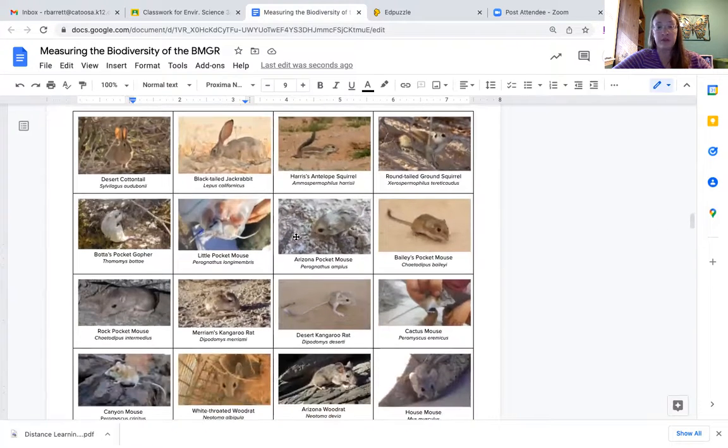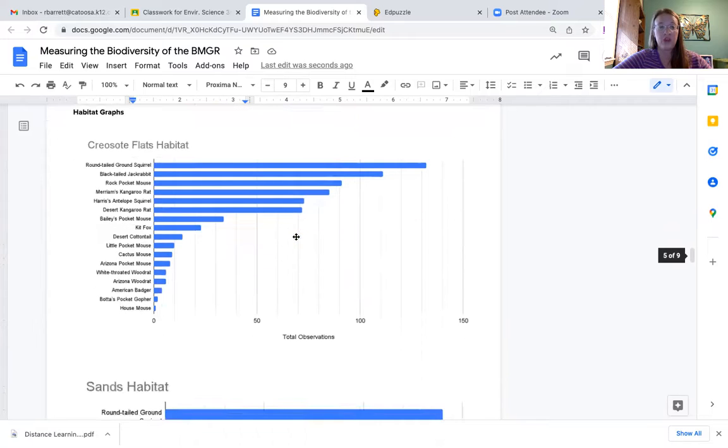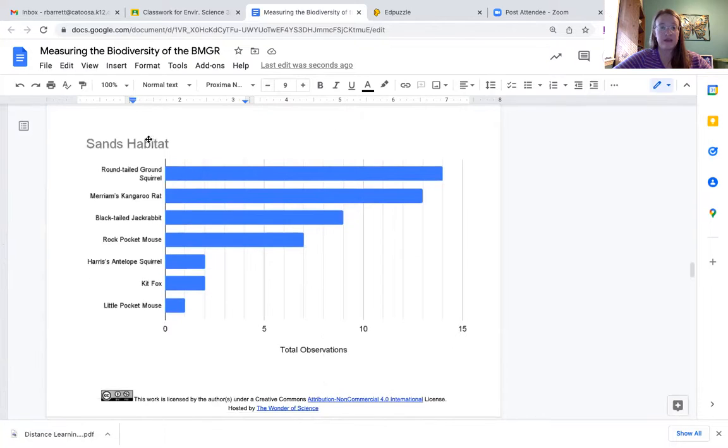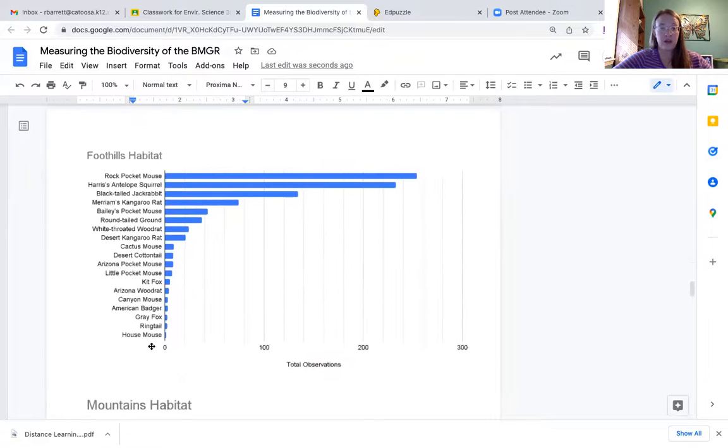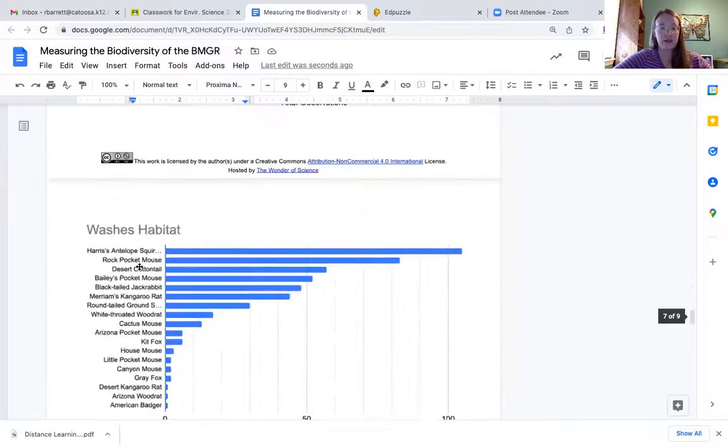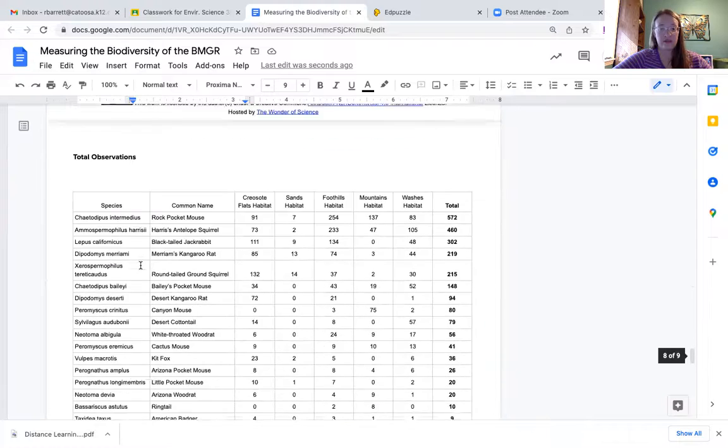First of all, these are all the species, if you want to know what they look like. Here are your graphs. Here's the creosote flats, all the animals that were found in it and how many were found. Same for the sands habitat, the foothills, mountains, washes, okay?